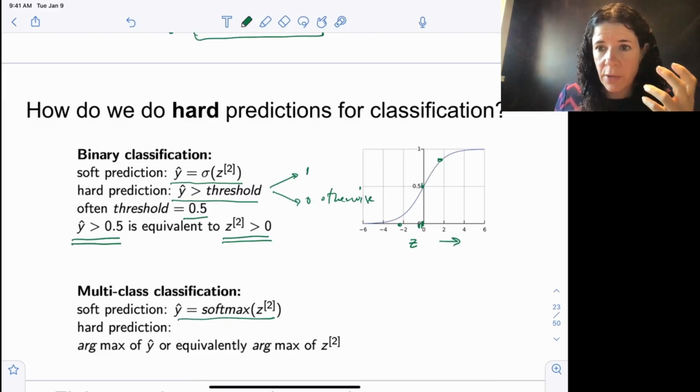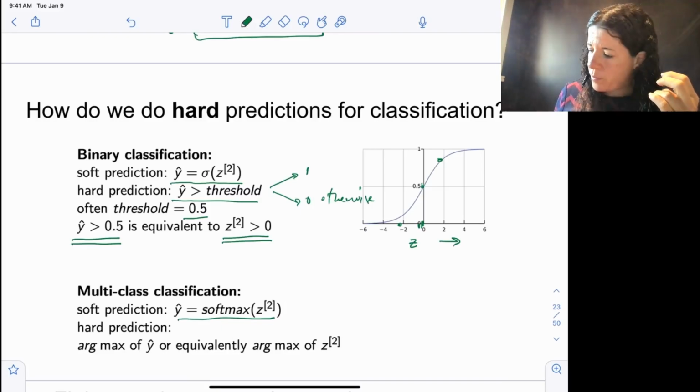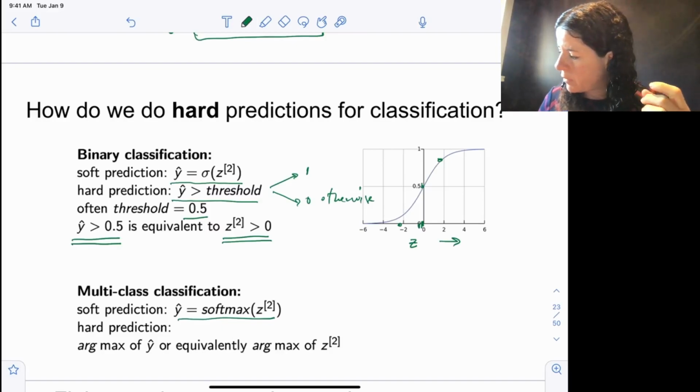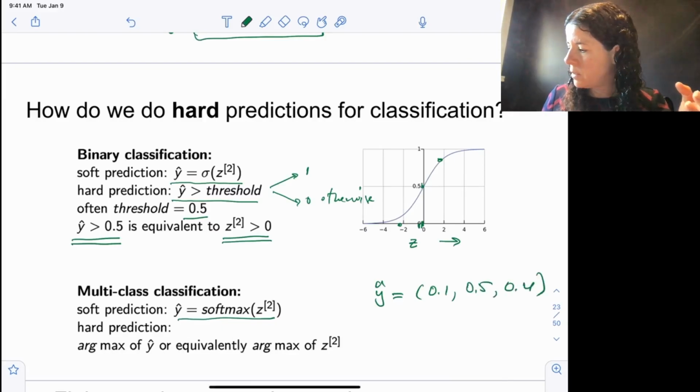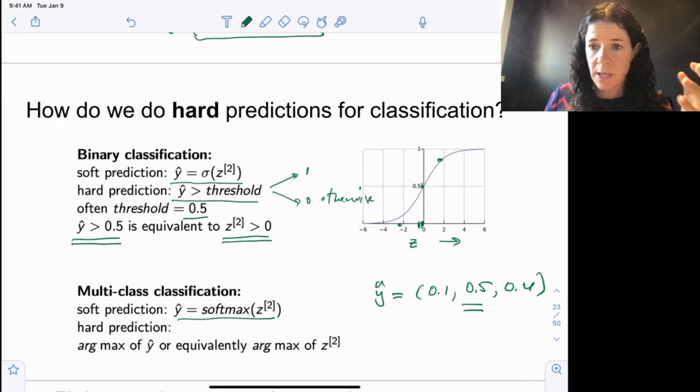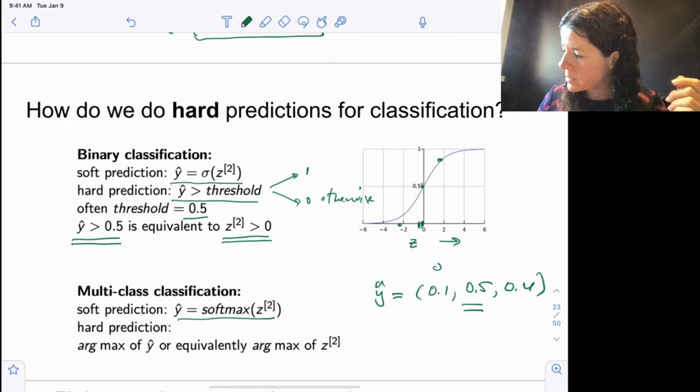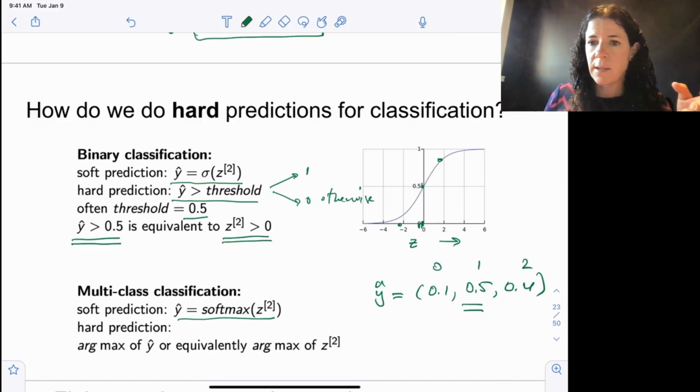For example, if y hat is equal to 0.1, 0.5, 0.4, and these are class 0, class 1, class 2, then class 1 is going to win. That's how we do hard predictions.